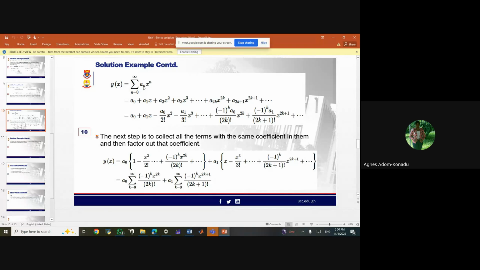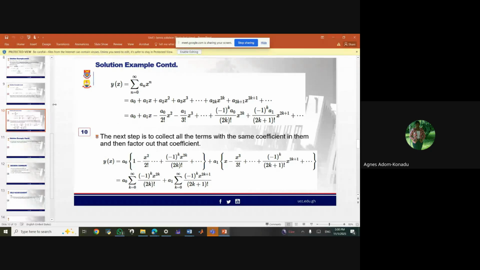When n equal to 1, I'm going to get a1 times x to the power 1. When n is equal to 2, I'm going to get this, then up to where I'll be writing a2k. This is for the even ones, and then a2k plus 1 x to the power 2k plus 1. This is for the odd ones. Okay, so I have a naught plus a1 x, minus, I have an expression for a3.